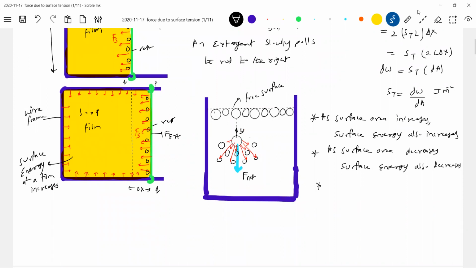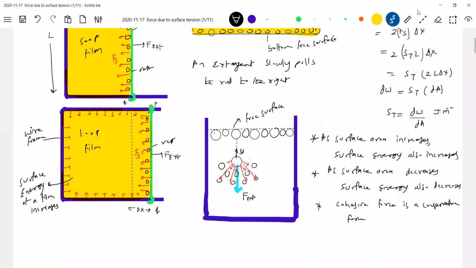Okay, this one. Next again, the cohesive force is a conservative force. Fine. So this is very important. These are the things which are going to help us a lot in numericals.